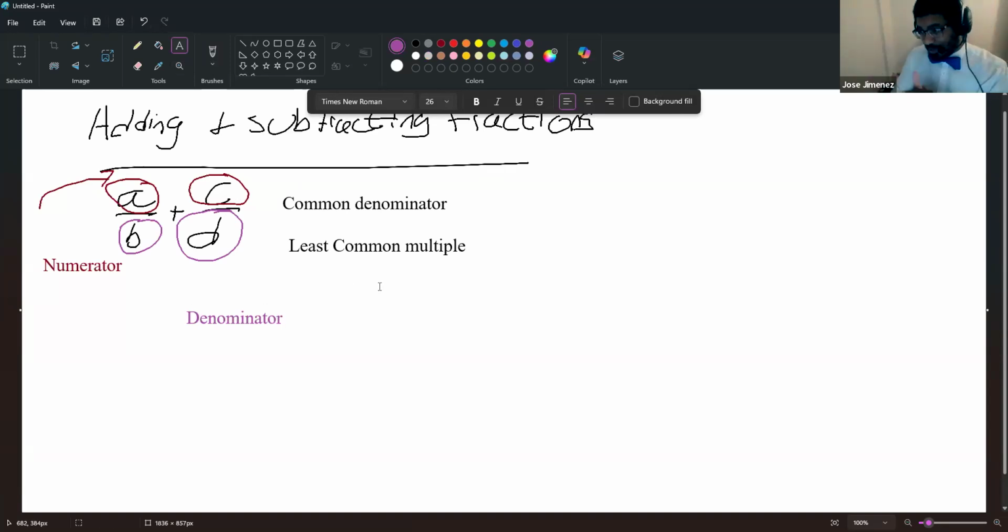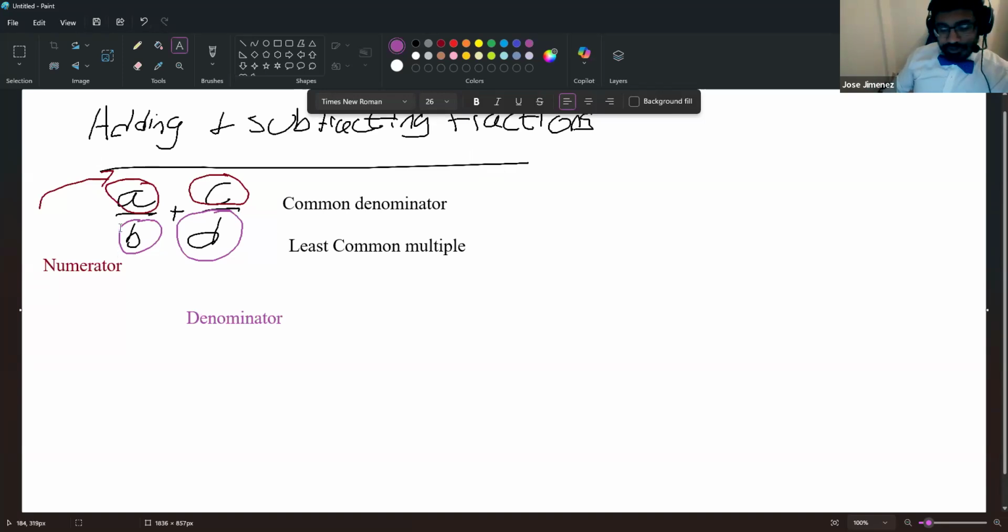Now, one thing that I always like to jokingly say, well, your denominator is the one that holds up the fraction. Without the denominator, you're just going to have a whole number. The numerator, that is the thing that's on the top. That is your head, and then the denominator is like the bottom half of your fraction.